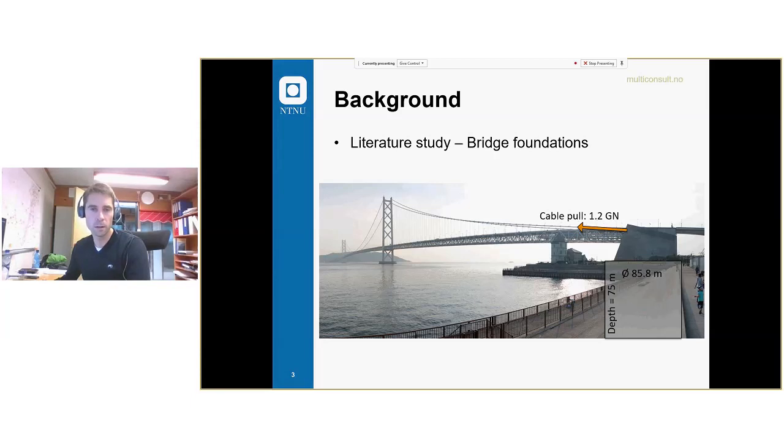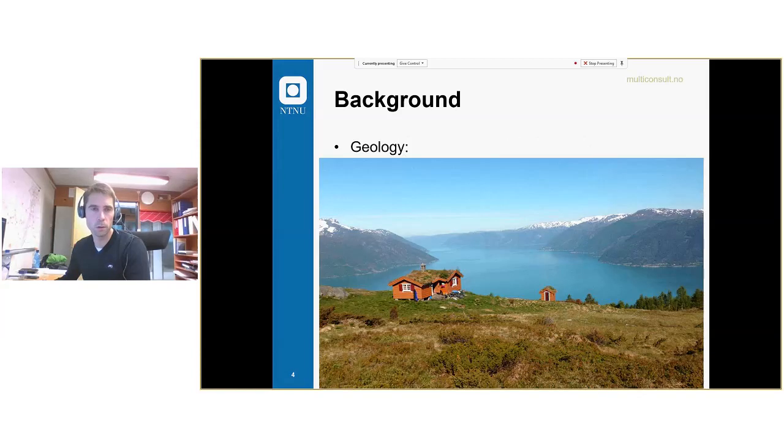Another interesting topic on background is if you look at the geology at the west coast. We can look at this picture. It's a beautiful picture from the west coast. It's my family's cabin back home. But it's typical for the west coast.